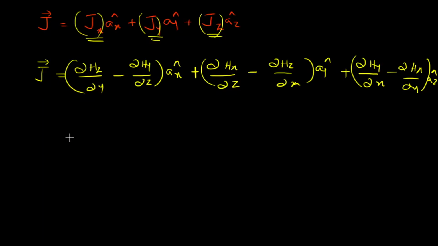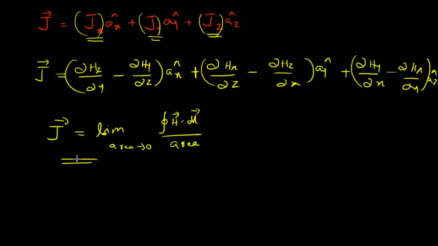So in general, what I can say is that the J vector is the limit as area tends to 0, because there I have written delta x delta y tends to 0 for each J component. So in general, limit area tends to 0, closed integral h dot dl divided by area. So my current density J is the limit as area tends to 0 of the closed integral h dot dl divided by area.